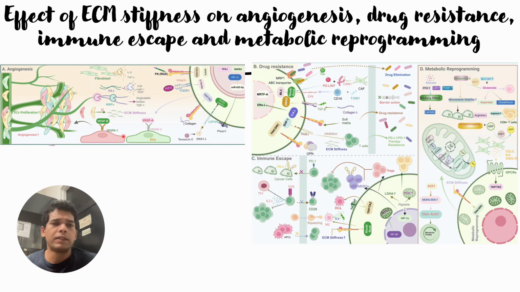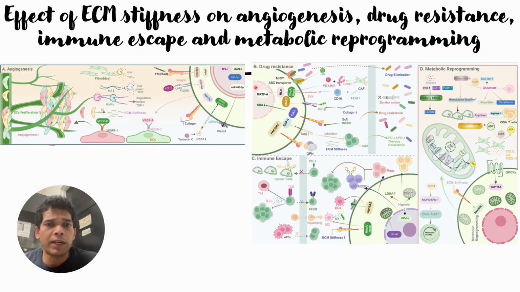On the contrary, ECM stiffness will prevent endothelial cell migration by providing a physical barrier through this increase in stiffness, and it will also release anti-angiogenic factors through ECM fragmented proteins. So this is about angiogenesis in brief, how it affects the endothelial cells positively and negatively.